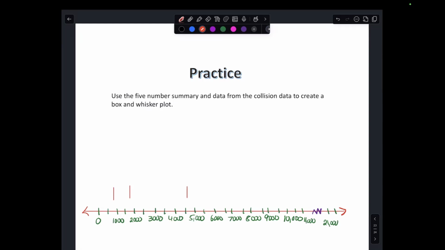Okay. This is my box. There we go. That's the box. Okay, let's put our fences here. Notice I have a fence that is negative 5,164.5.